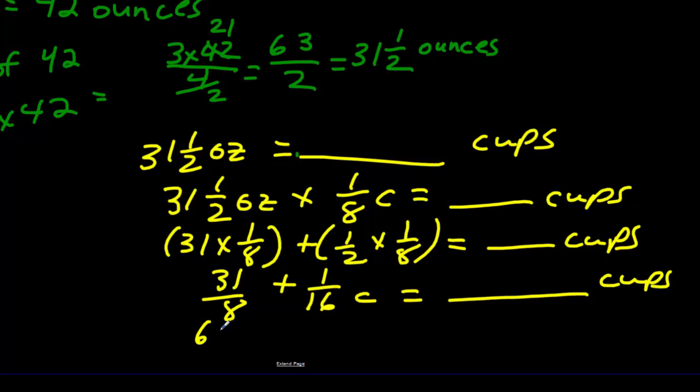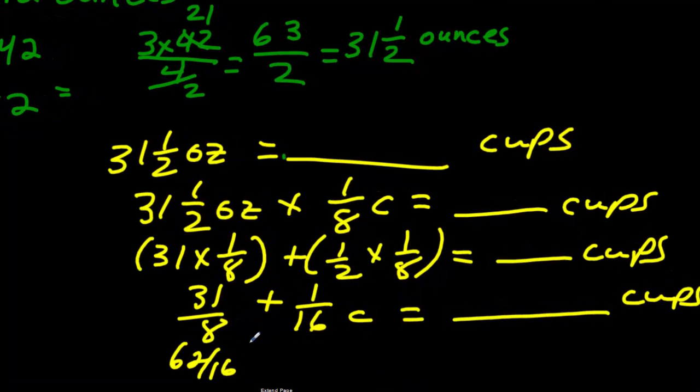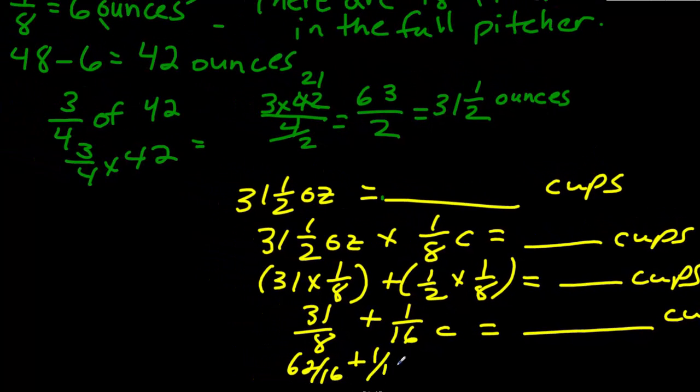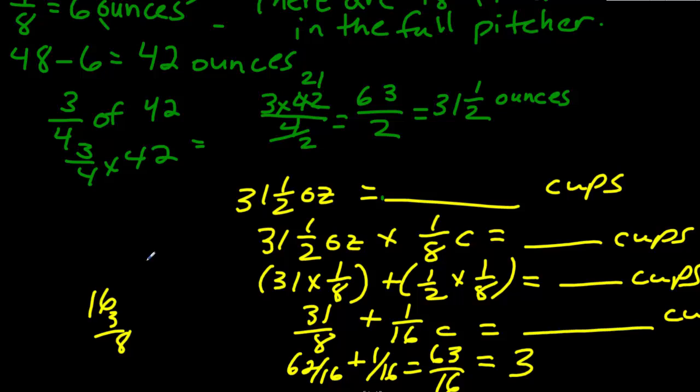So this will be 62 over 16. If we get that common denominator, plus 1/16 is going to equal 63 over 16, and that's going to equal, if we divide that, 16 is going to go into 63 3 times, 48, and 63 minus 48 is 15 over 16 cups.